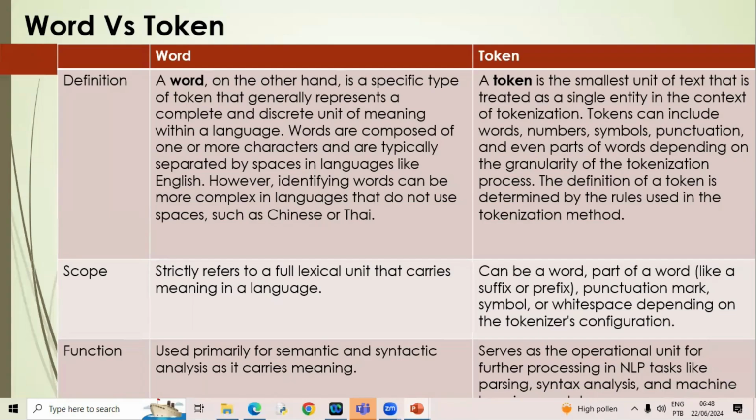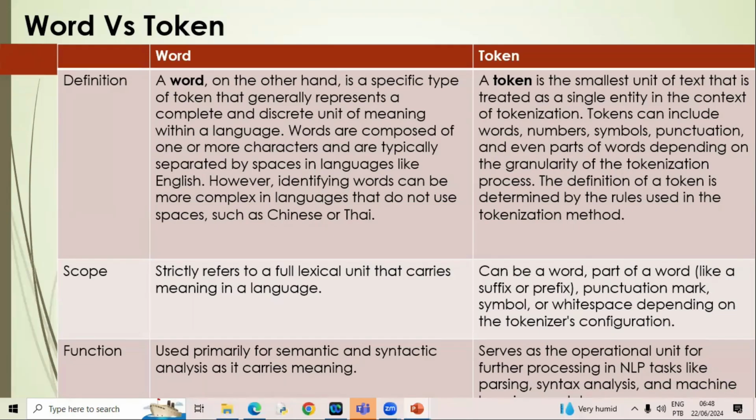Whereas a token is very different. A token is the smallest unit of text that is treated as a single entity in the context of tokenization. Now, both are small, but a word is a specific and discrete unit, whereas a token may not have meaning, but it has some meaning to the model.